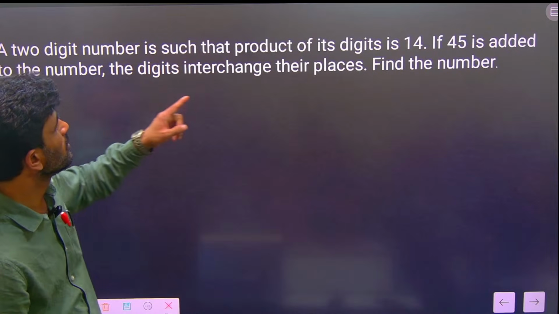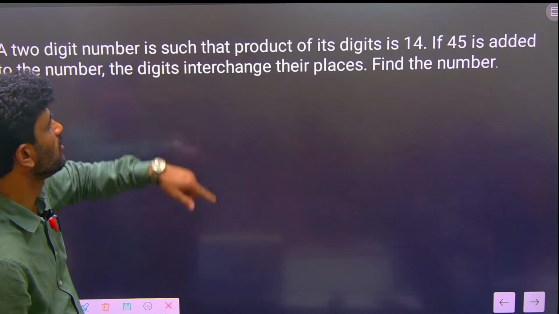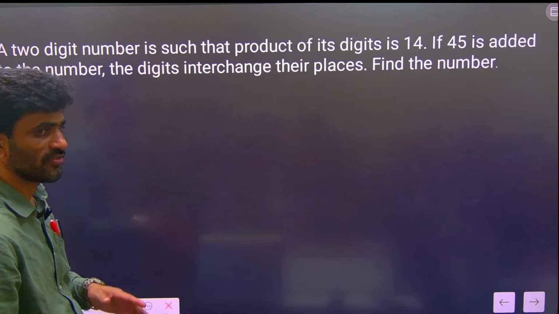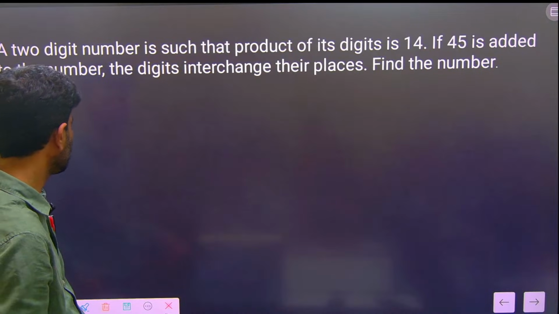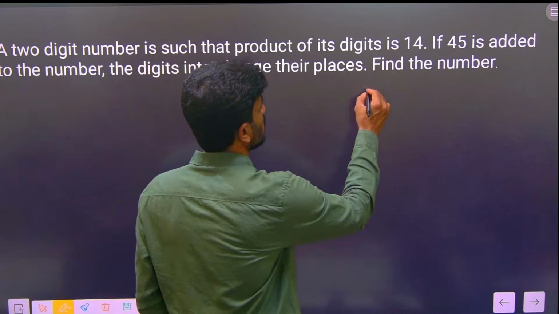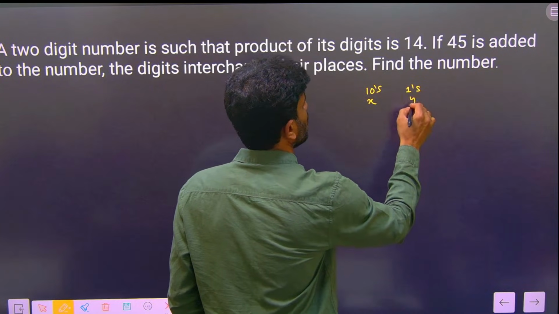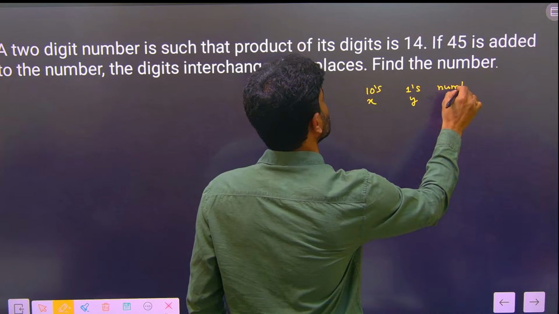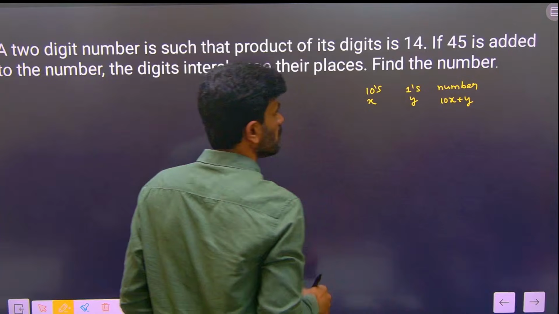So what is given: 45 is added to the number, and the digits interchange their places. So you should add 45 to 10x plus y, and at last the result should be equal to 10y plus x. So what we do here, tens place we take x, ones place we take y, and the number becomes 10x plus y.